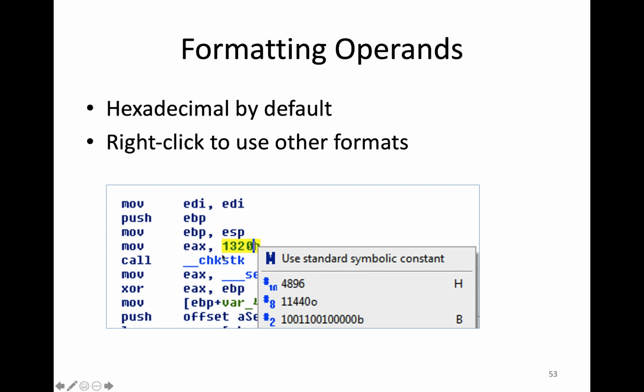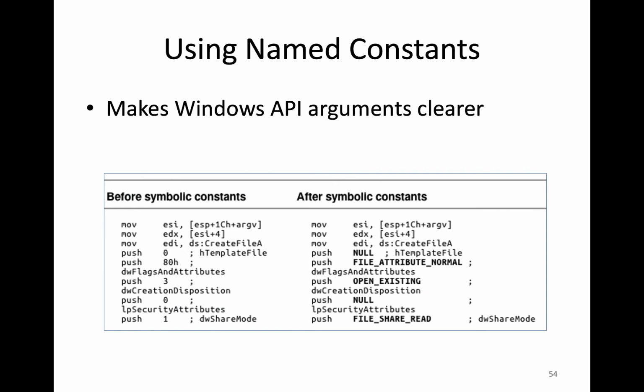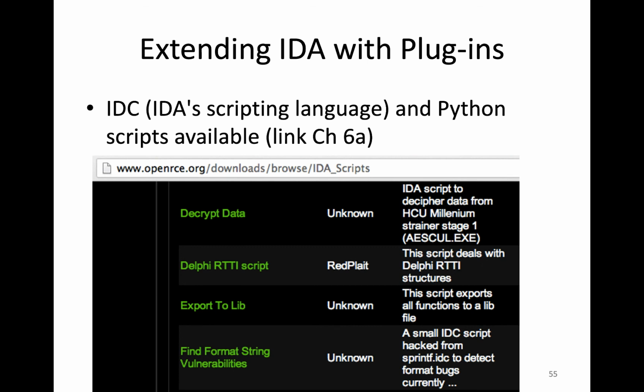So for example, if it's in binary format and you want to switch it to an integer because you know that it's some integer like 3 or 4 that is easier to read, then that might help with your understanding of the code. Same thing for using named constants. You can use these named constants to make the arguments more clear.